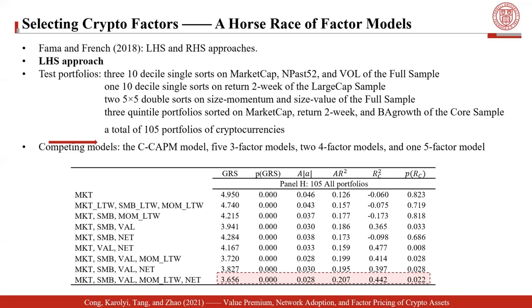We can use constrained R squared as proposed in Mao 2000, I believe it's 2018, 2019. And here we're just reporting the metrics we have and the p-value. Overall, the 5-factor model that we're proposing performs best based on the left-hand side approach.